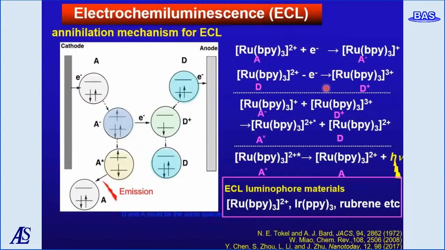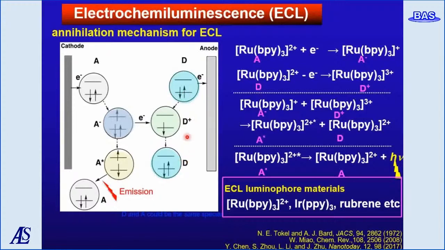When ruthenium bipyridine 3 in organic solvent is electrolyzed using a two-electrode cell, the reduction occurring on the cathodic side produces ruthenium bipyridine 3 plus, and on the other side oxidation occurs, producing ruthenium 3, 3 plus.